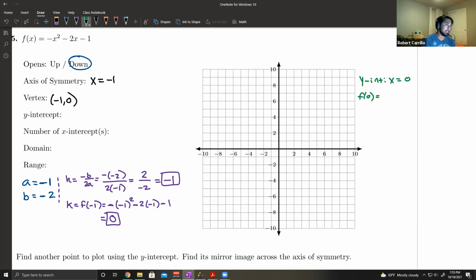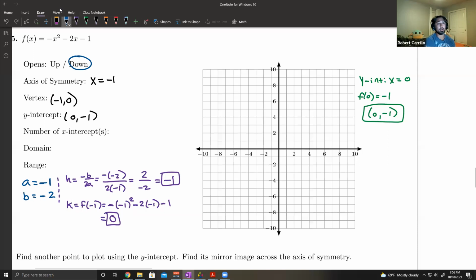And if I plug in 0, that becomes 0, that becomes 0, and what am I left with? Negative 1. So we get our y-intercept at 0, negative 1, which is coming right over here. Okay, we have enough information to plot this graph.